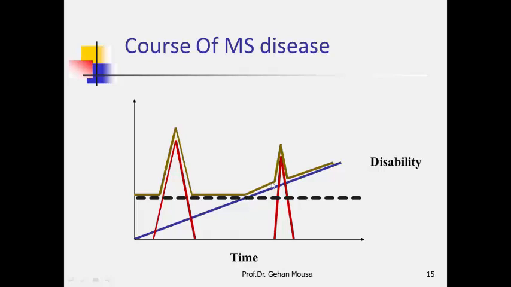Another attack will occur, but it is less severe and shorter in relation to the first attack. Then this is the first attack, second attack, third attack, and a fourth attack will occur and increase progressively to high disability.